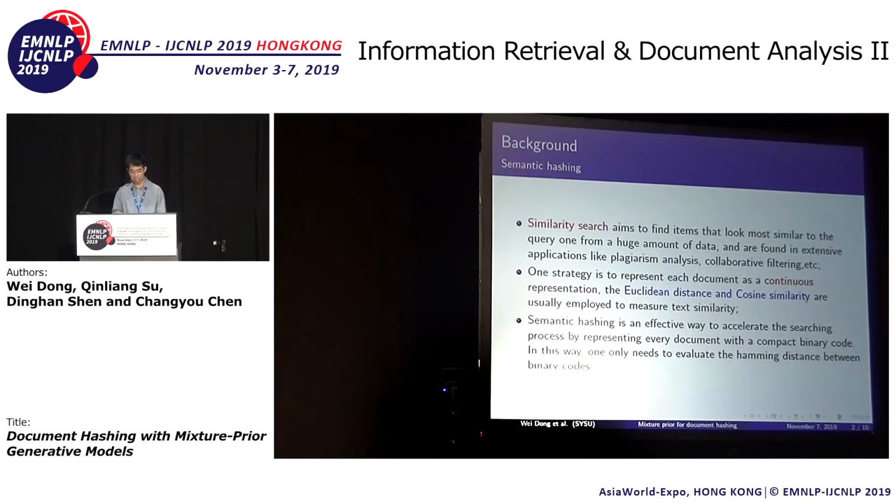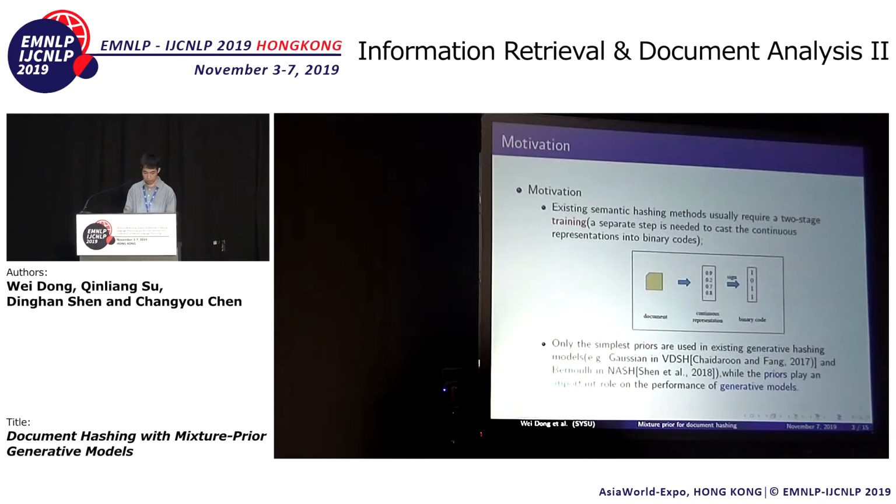Semantic hashing is an effective way to accelerate the searching process by representing every document with a compact binary code. In this way, one only needs to evaluate the Hamming distance between binary codes. There are some motivations for our work.